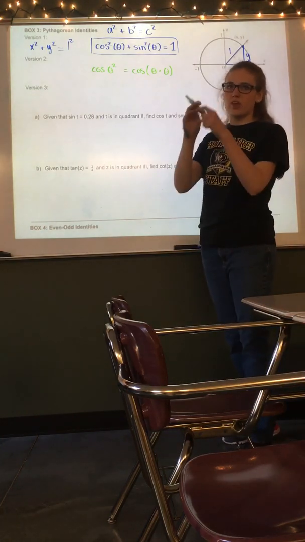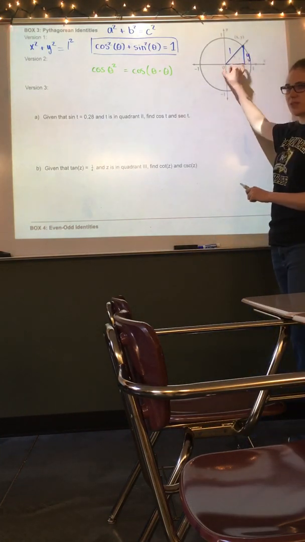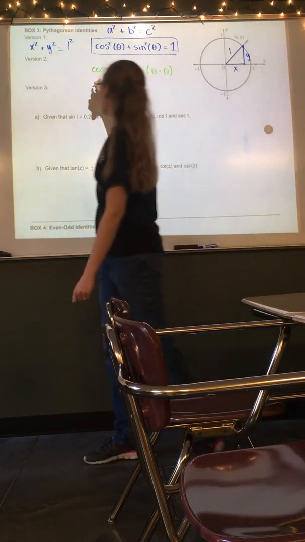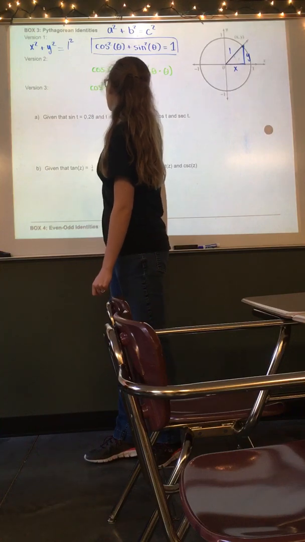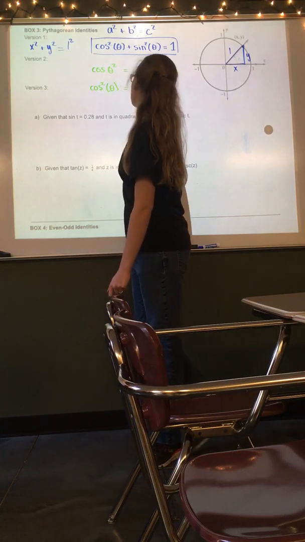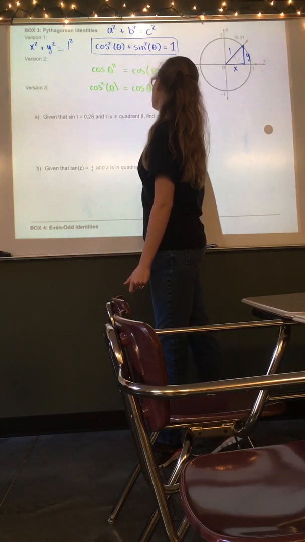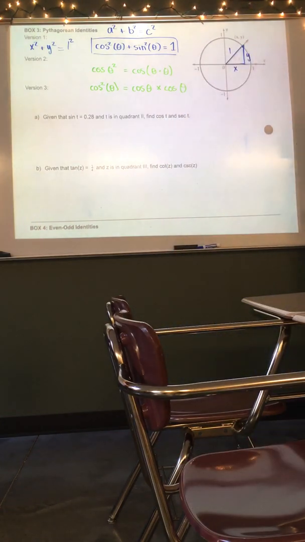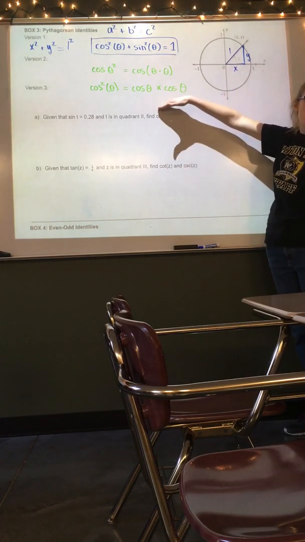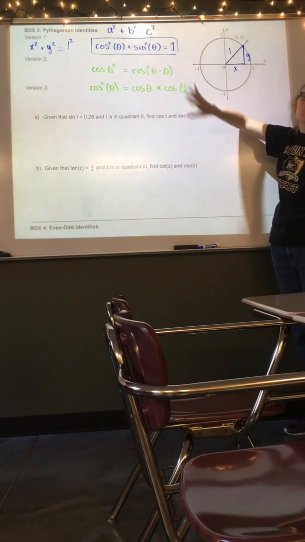Instead, we want to square the whole side length, the whole cosine value. So when we write it like this, cosine squared of the angle, that means cosine of theta times itself again, cosine of theta. You don't have to, just be aware of the difference in the notation. They mean 2 different things.